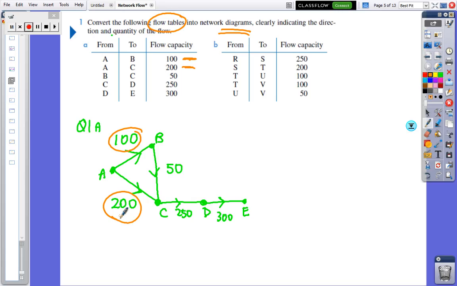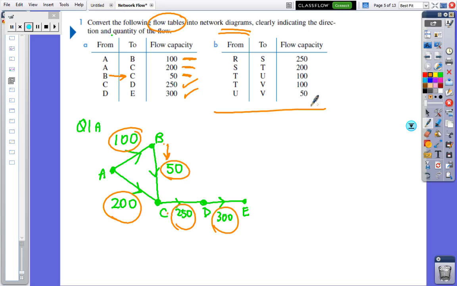Pretty straightforward. But then B also delivers to C an amount 50, so we just put a 50 coming out of B. And then C to D is 250, and D to E is 300.